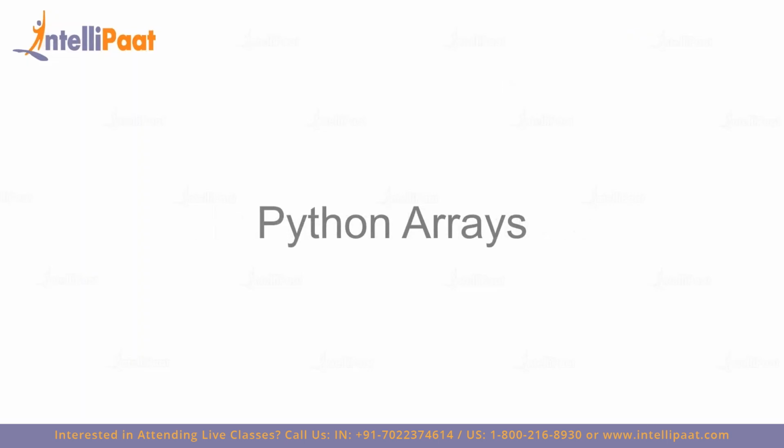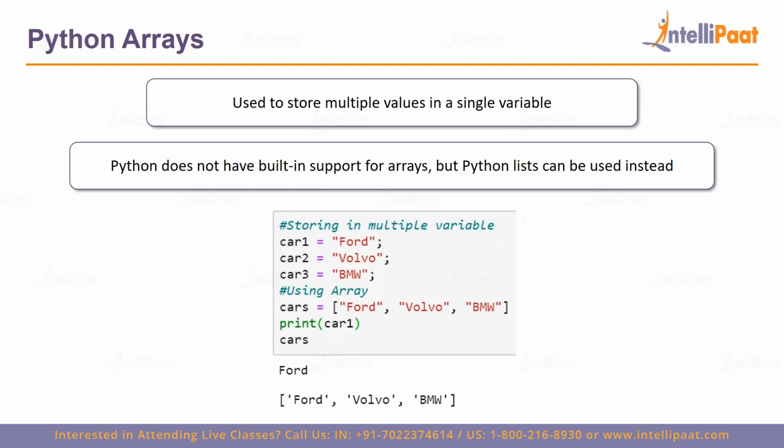Now let's take a look at arrays in Python. In Python, arrays are basically lists. Arrays are used to store multiple values in a single variable. As we've already taken a look at tuples, lists, dictionaries and sets, we'll be taking a look at a lot more in a future video, but arrays are basic programming constructs. In Python, you have arrays in the form of lists.